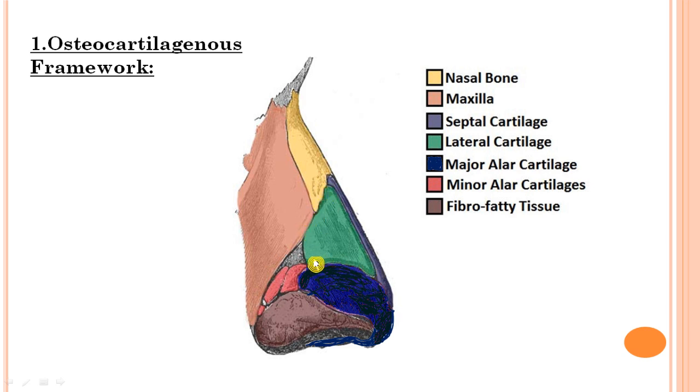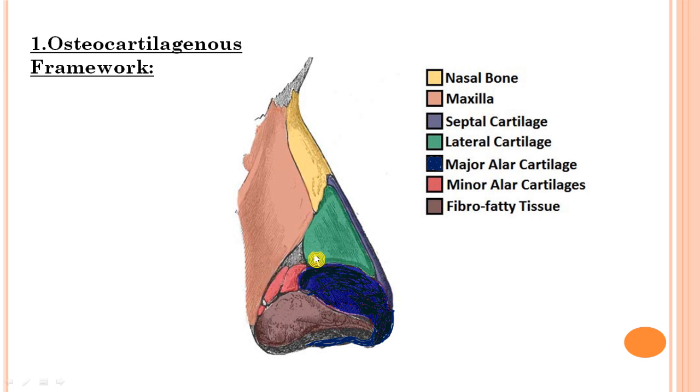At the lower margin, this is not fused with the alar cartilage, but is somehow free on the inside, and it will form the nasal wall, as you will see shortly when we discuss the nasal cavity. If you look at this edge, here will come the inferior turbinate on the inside, and then there will be the nasal septum and the floor.